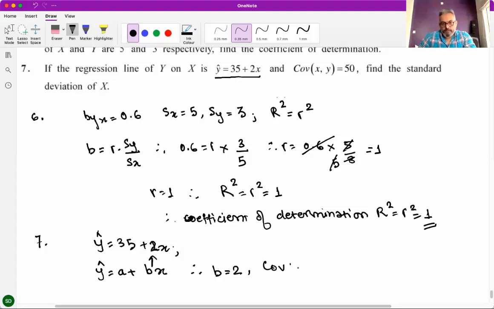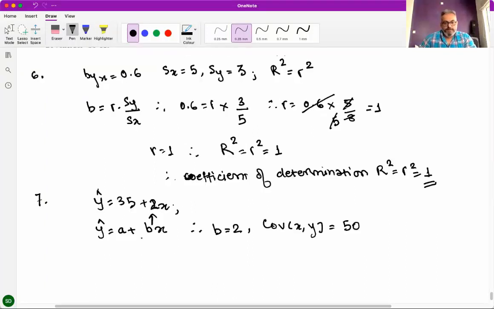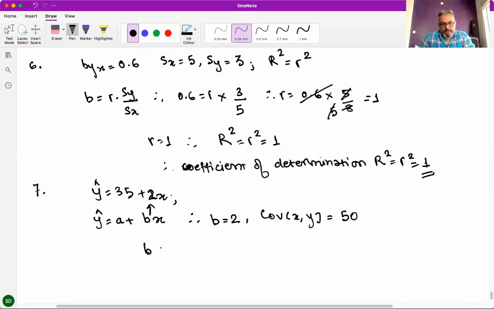Covariance x comma y is equal to 50. Now the formula is this way. b y on x is equal to covariance x comma y upon variance of x, s square x. Therefore, 2 is equal to 50 upon s square x.